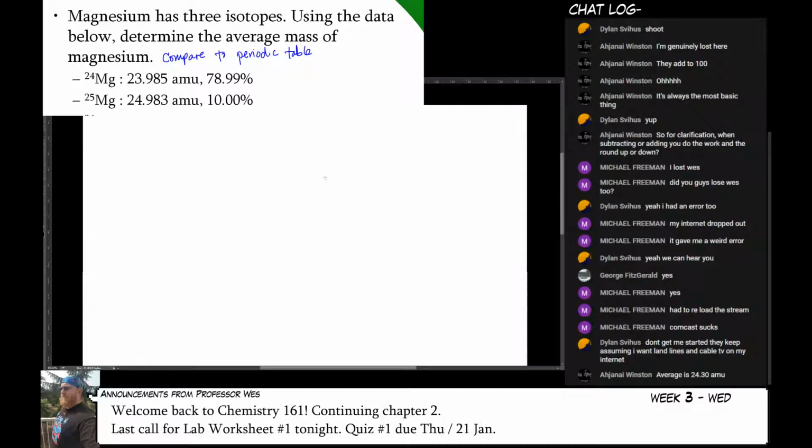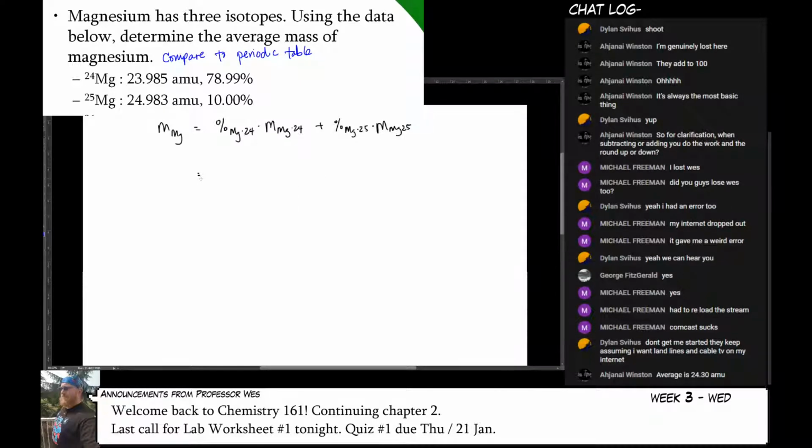All right, so remember that the average mass of the element that we're going to look at, so its atomic mass, will be equal to the percent of isotope number 1, so that's magnesium-24, times the mass of magnesium-24, plus percent of magnesium-25, times the mass of magnesium-25.